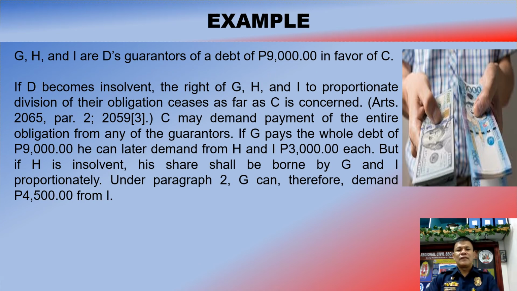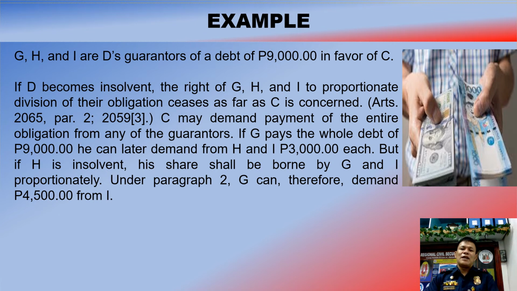Example: G, H, and I are the guarantors of a debt of 9,000 in favor of C. If D becomes insolvent, the right of G, H, and I to proportionate division of their obligation ceases as far as C is concerned.